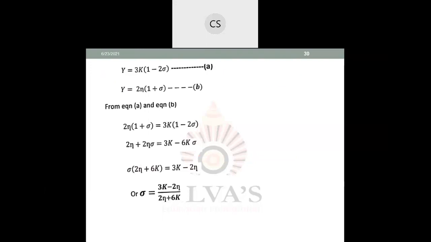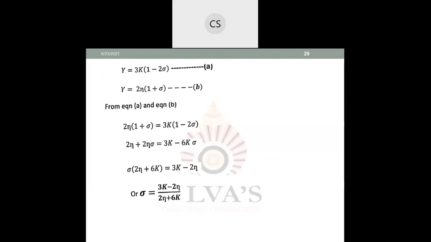Before going to that, any doubt, any clarification required? This is a big question. Generally, they will ask you to obtain the relation between Poisson's ratio, bulk modulus and rigidity modulus.